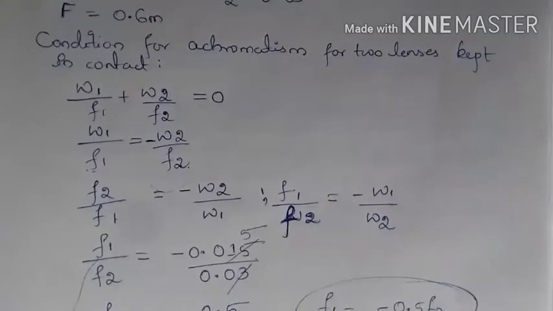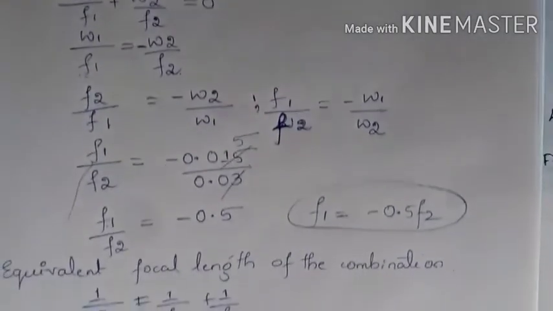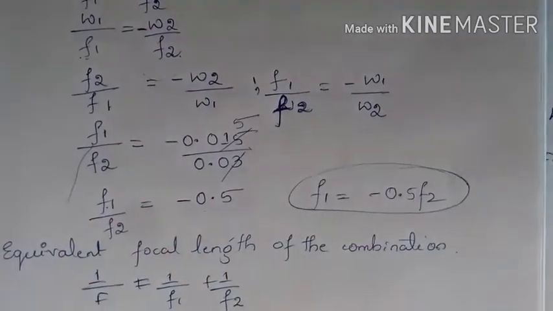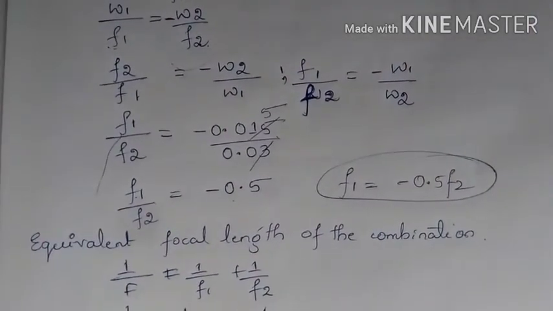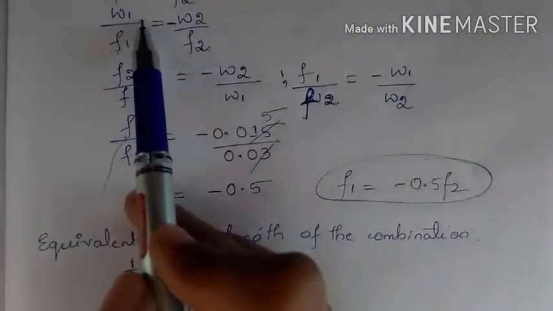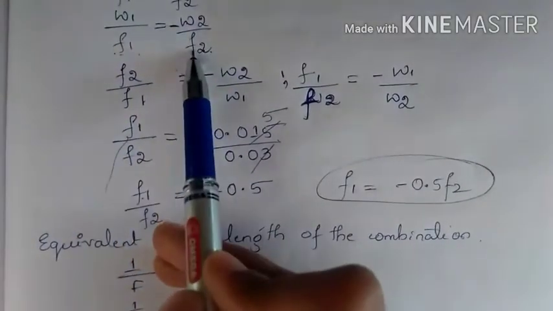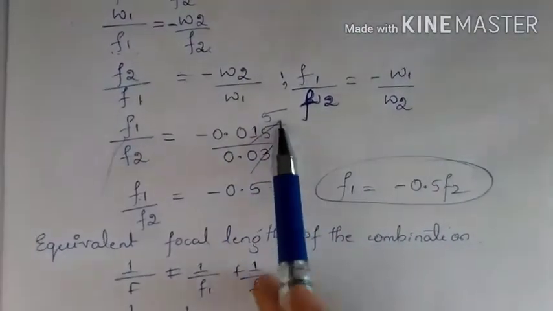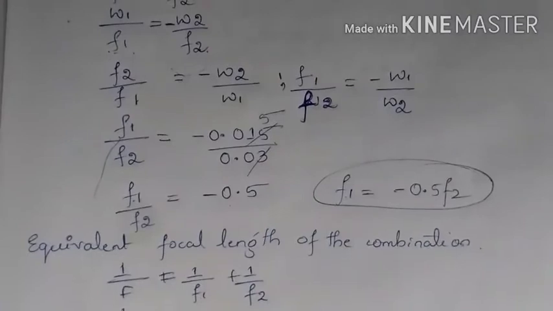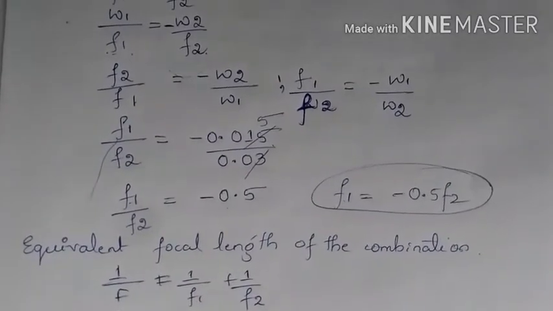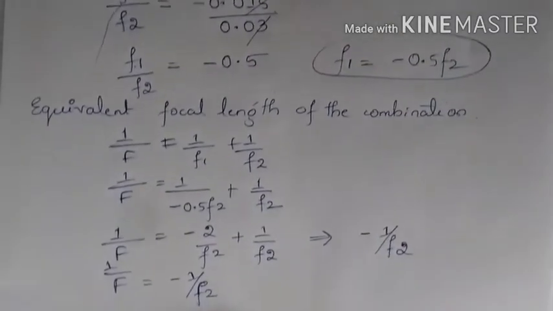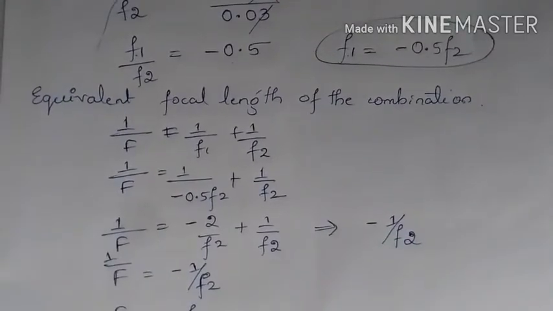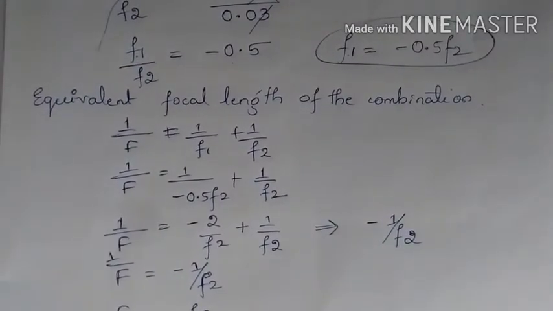With the condition of achromatism, we solved for the ratio of F1 and F2. We got omega 1 by F1 is equal to minus omega 2 by F2. By solving and substituting, we got F1 is equal to minus 0.5 F2. With this in mind, we calculated the equivalent focal length for the combination, in which we knew the value of capital F.